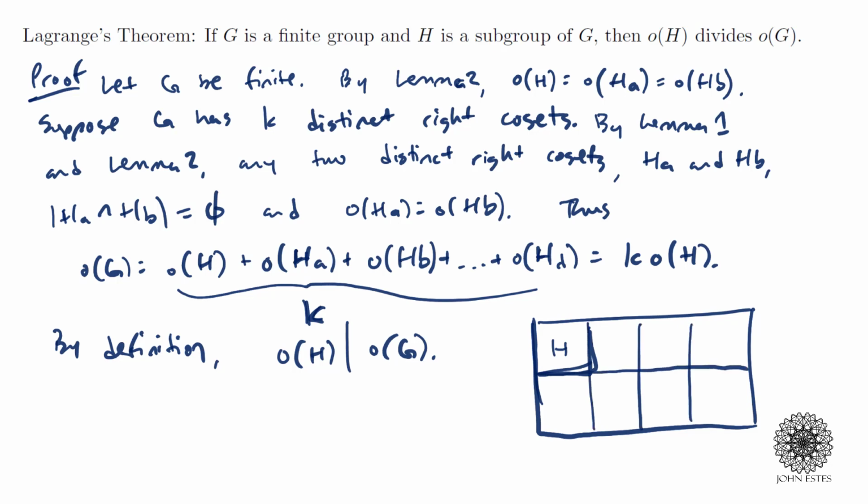That's exactly how these group structures work. You have Hb, Hc, and so on. They're all the same size, and they make up the group completely. So of course the number of things in each bin has to divide the total number of things. And that's what we ended up with right here. So there's the end of your proof.